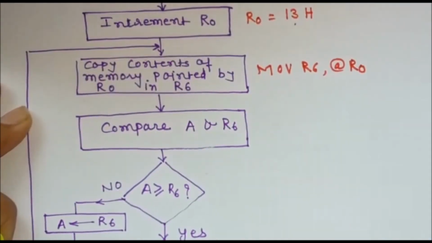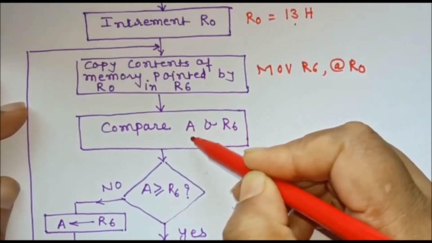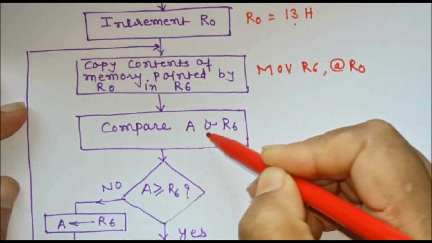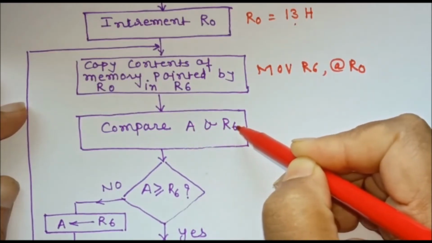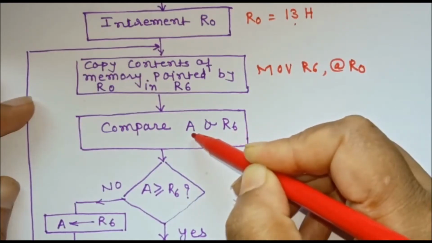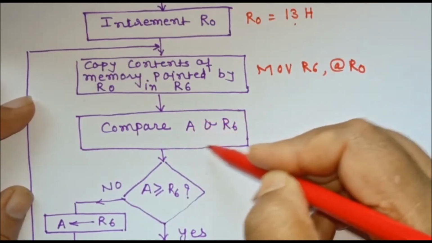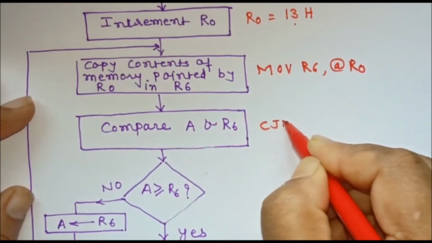If contents of accumulator are greater than R6, then larger number is already in accumulator. But if contents of accumulator are less than R6, then we have to move larger number which is in R6 into accumulator. To compare and check this, we'll use instruction CJNE.